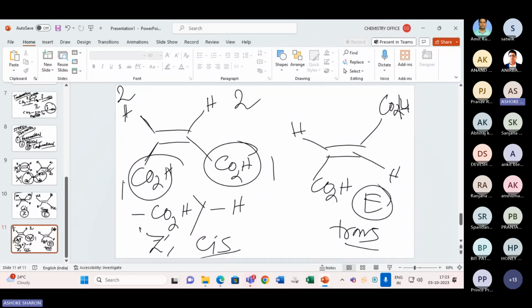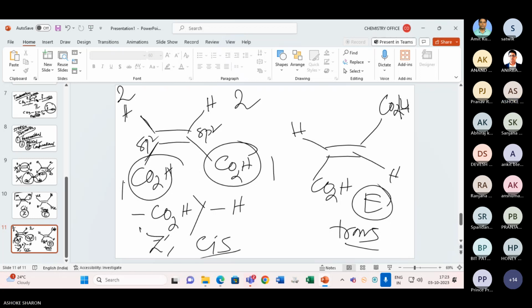So basically, what you observe here is a 2D representation of a molecule. There is no 3D representation we can do, because this is an sp2 carbon, and this is also an sp2 carbon, so you can have 2D representations.